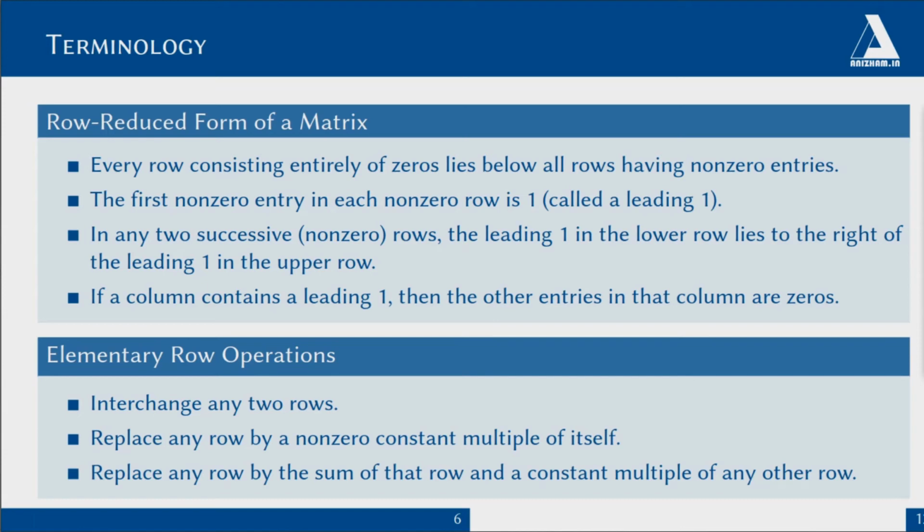There we can replace any equation by a non-zero constant multiple of itself. Here we can replace any row by a non-zero constant multiple of itself. There we could replace any equation by the sum of that equation and a constant multiple of any other equation. Here we can replace any row by the sum of that row and a constant multiple of any other row.